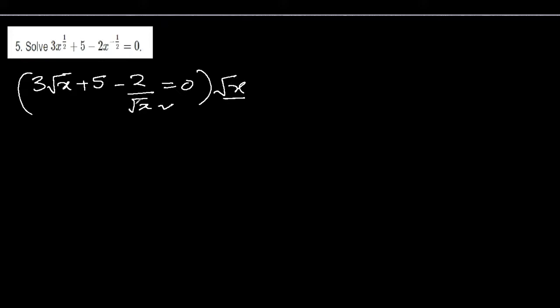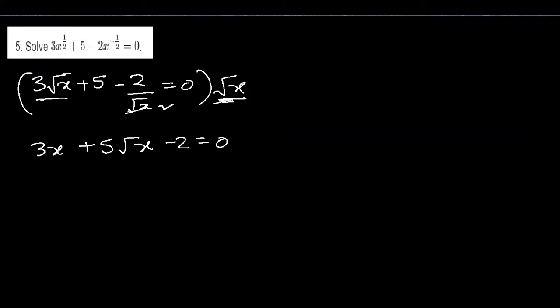So square root x multiplies with this, it becomes 3x. Then 5 multiplies with the square root x, it will become 5 square root x. And when we multiply square root x with the last term, square root x and square root x will get cancelled out, so we'll be left with minus 2 only.